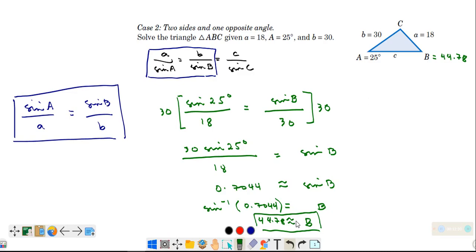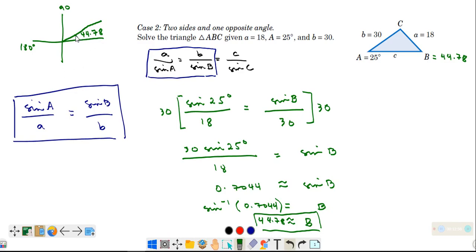But we also have another possible value for B. So, what would that be? What would that be? If you still remember, kung meron tayong Cartesian plane dito, if this is 44.78, of course, this is 90, this is 180 degrees.